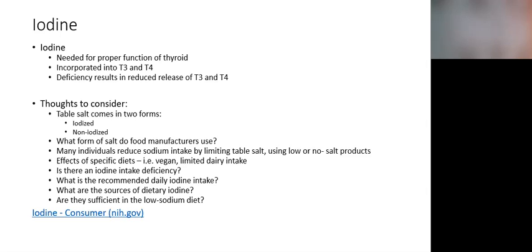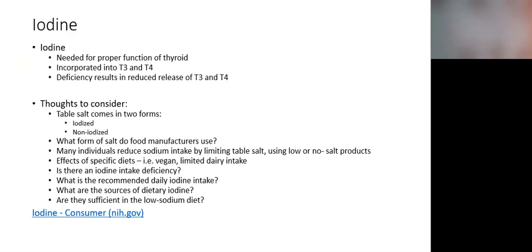and iodized table salt. Some patients on low sodium diets may not use table salt. Most processed foods, such as canned soups, do not contain iodized salt. And many of the specialty salts, like sea salt, kosher salt, or Himalayan salt, usually do not contain iodine.